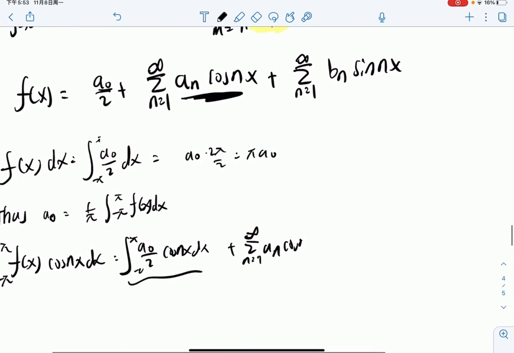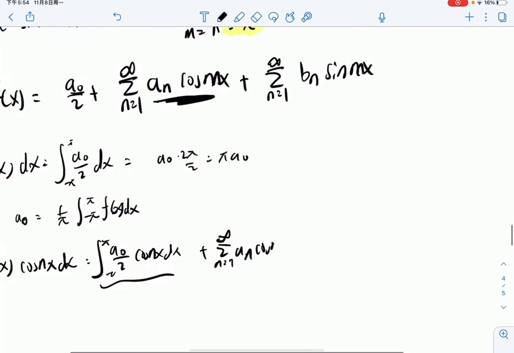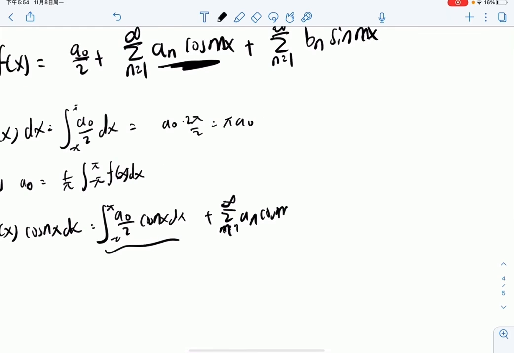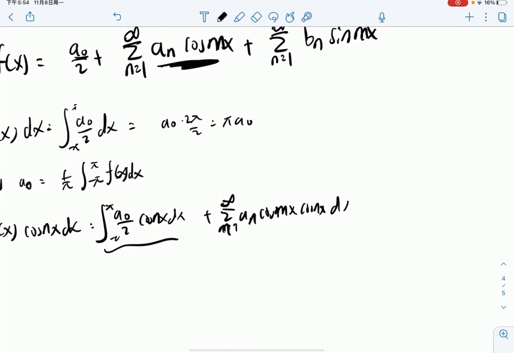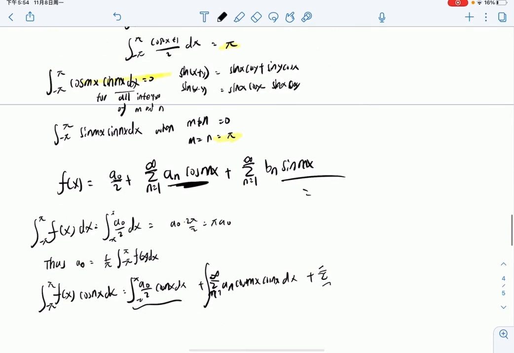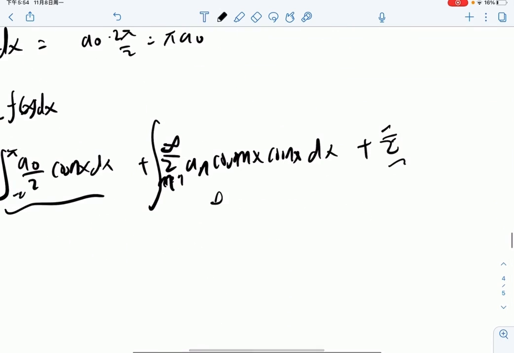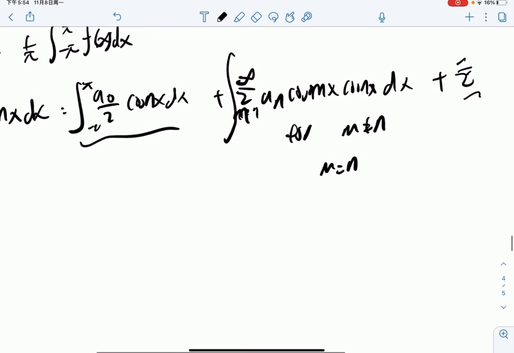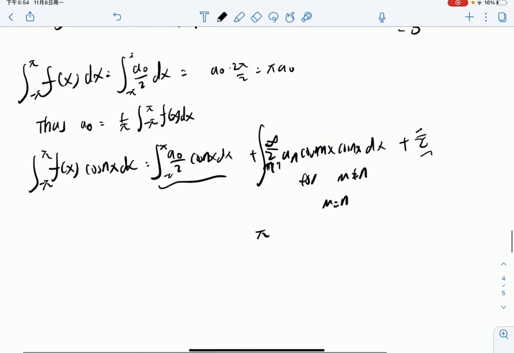For this case we just denote it as m, so we don't mess anything up. So the integral of cosine mx times cosine nx dx, plus and so on. You can see from this identity, this term is just going to be equal to 0. And for m not equal to n, this is also going to be 0. And for m equal to n, this is just going to be pi, times an.